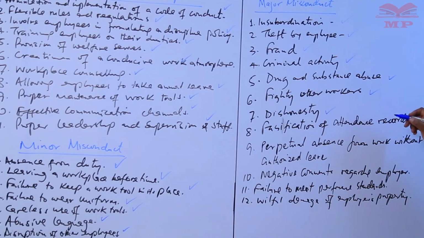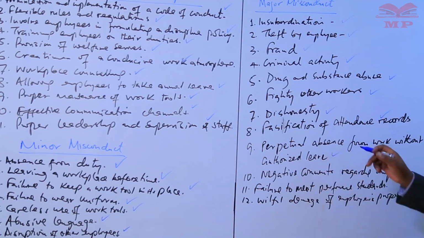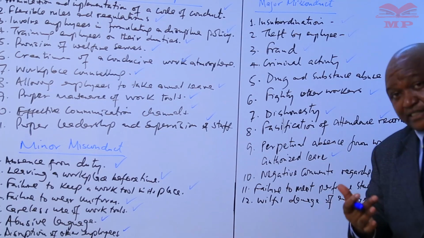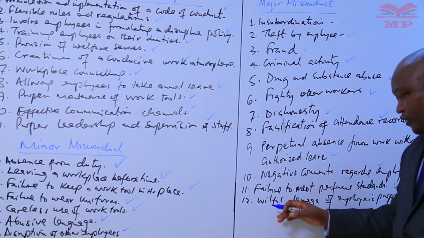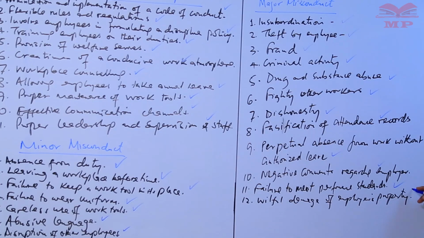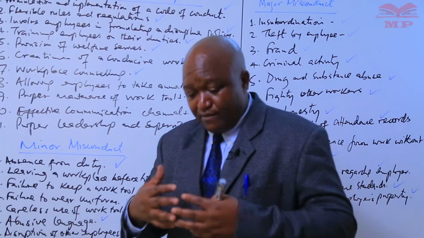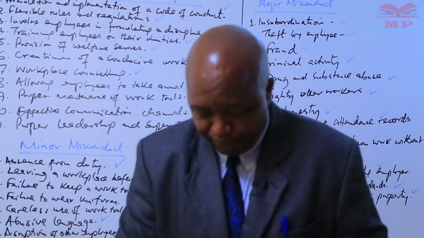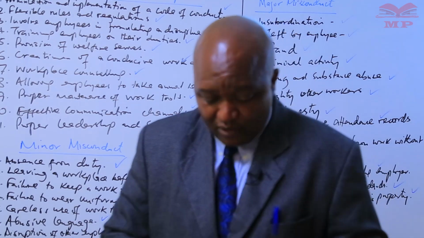Then 8, falsification of attendance records. 9, perpetual absence from work without authorized leave. Number 10, negative comments regarding the employer. Number 11, failure to meet performance standards. Number 12, willful damage of employer's property. So, Lana, those could be some of the minor and major areas of misconduct in a work environment.